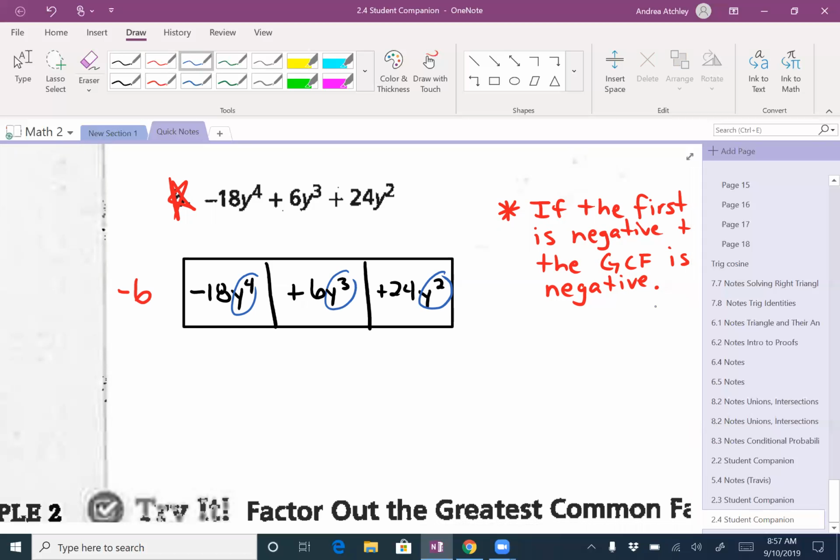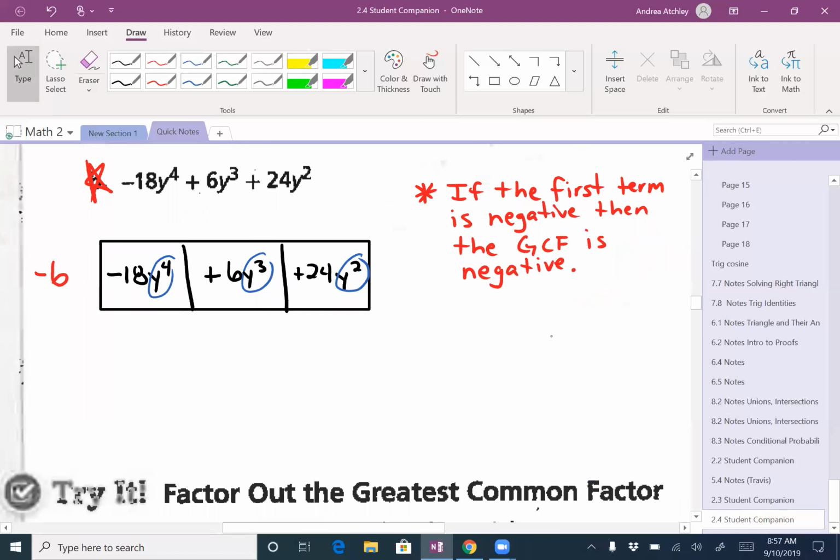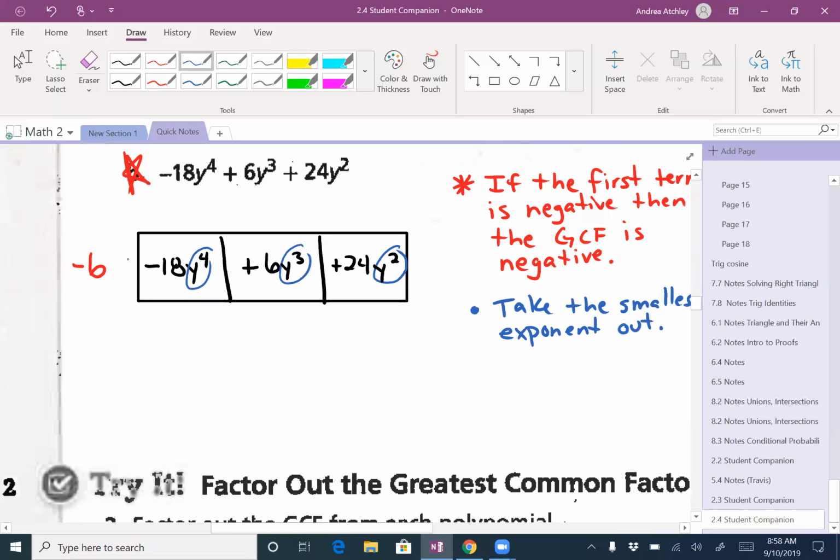So what is the smallest amount I can take away? 2, right? y squared. Take the smallest exponent out. So in this case, it's y squared. Any questions over that?